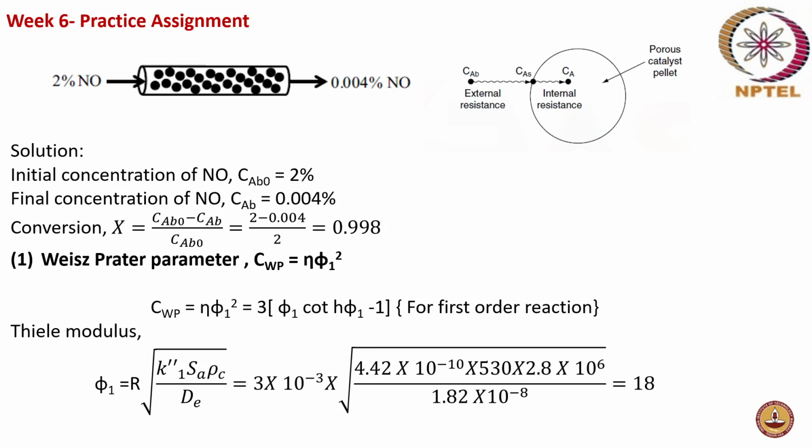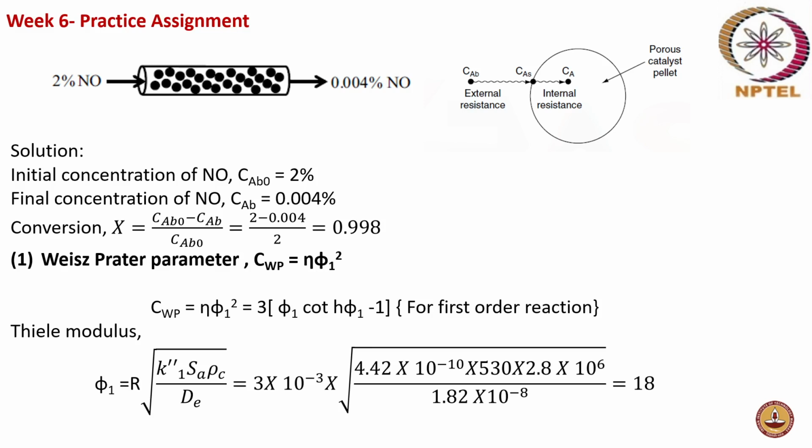We have already been given the values of each of the parameters. We know that the radius of the catalyst particle is 3 into 10 power minus 3 meters, K1 double prime is 4.42 into 10 power minus 10, the surface area of the catalyst particle is 530, the density of the catalyst particle is 2.8 into 10 power 6, and the effective diffusivity is 1.82 into 10 power minus 8.